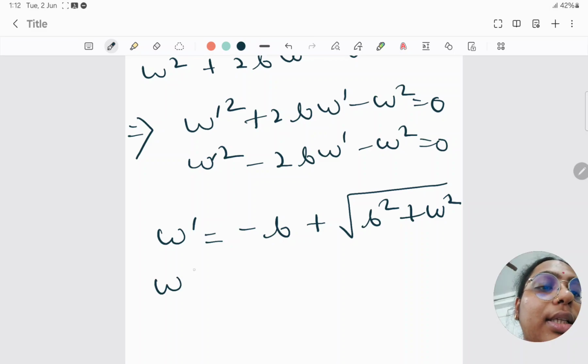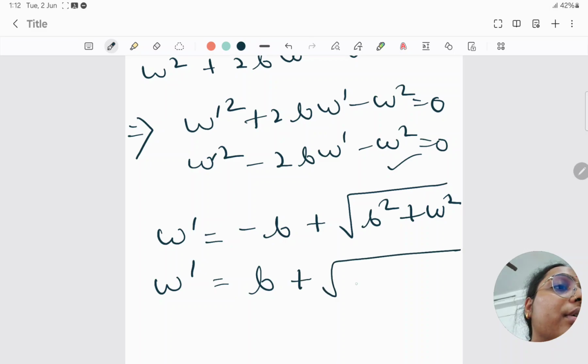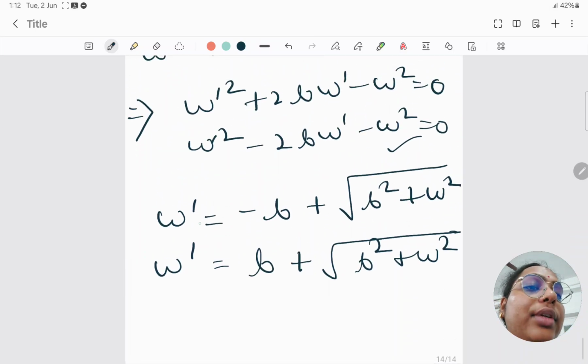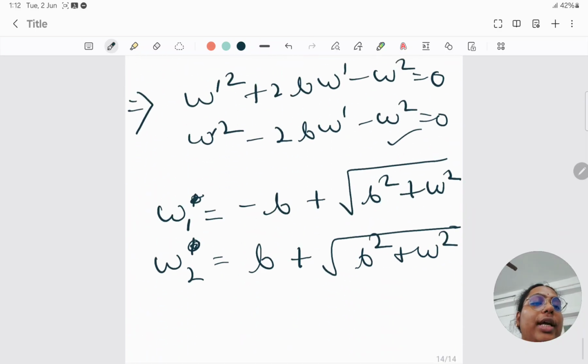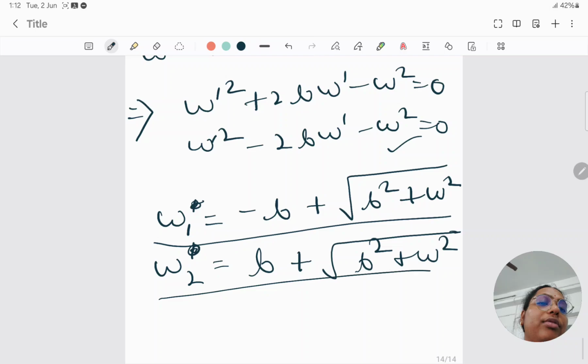And the other will be from here: b plus under root b square plus omega square. Okay, so let's say this is omega 1 and this is omega 2. This is the omega 1 and omega 2 we have derived here.